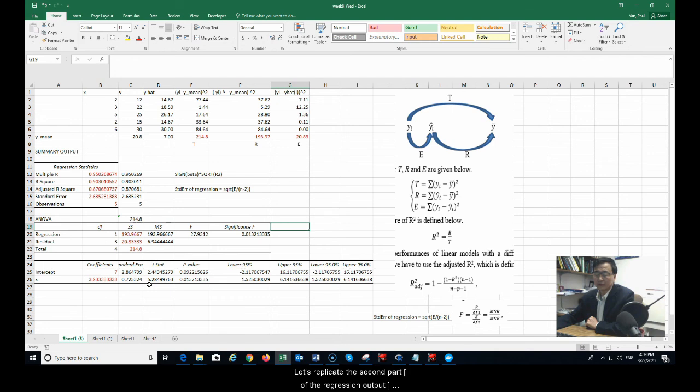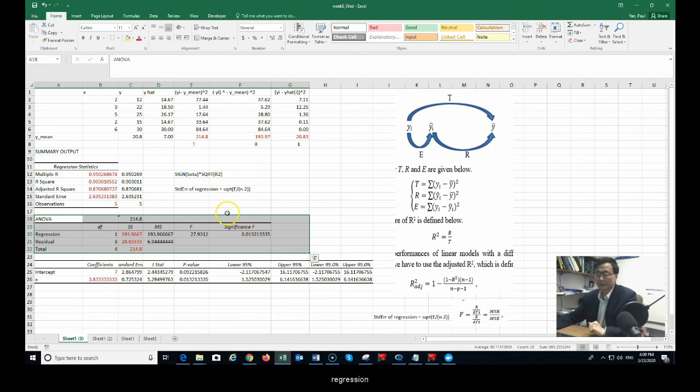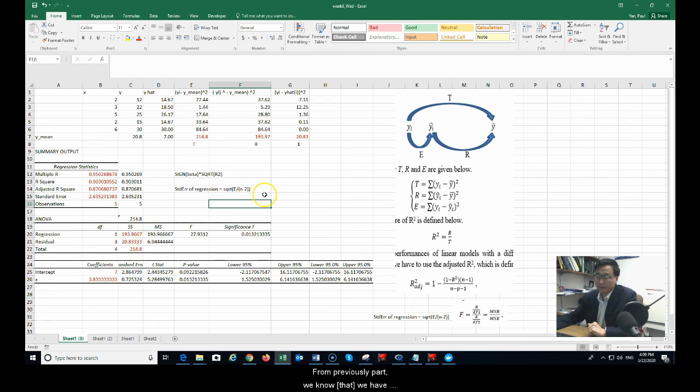Now let's replicate the second part, the last part of this regression. From the previous part we know we replicate 3 numbers: T, R, E. Actually, S sum of squares for the regression, for the residue, and for the total.